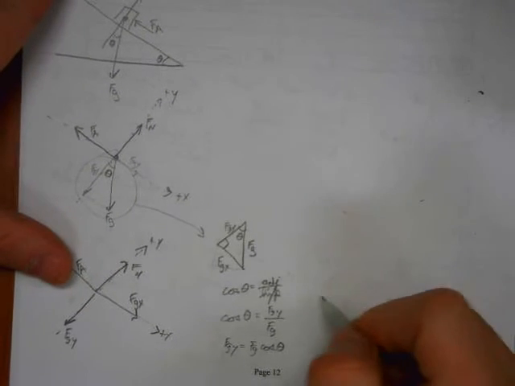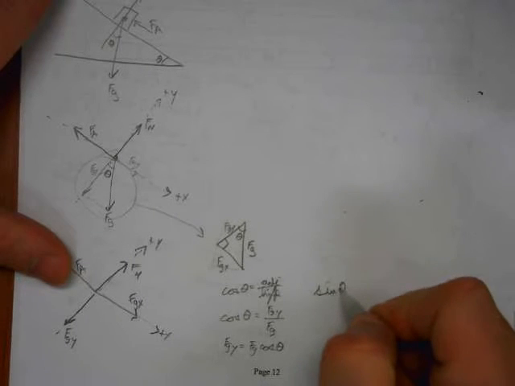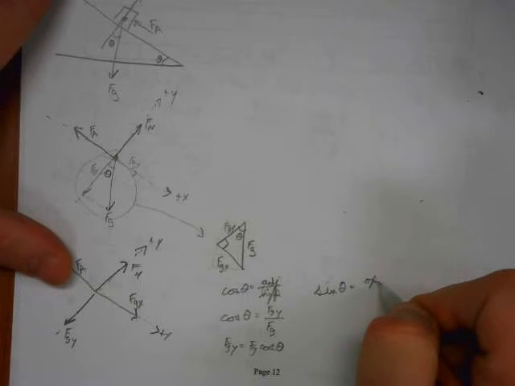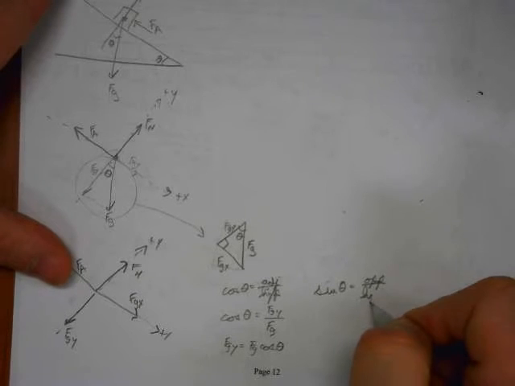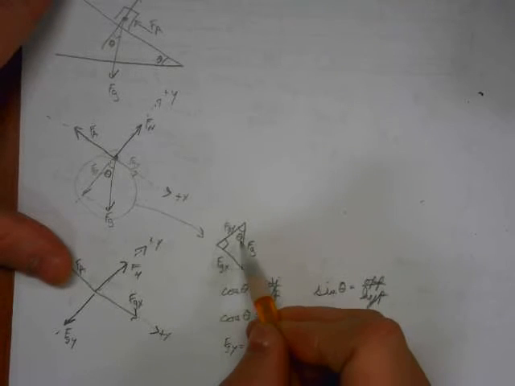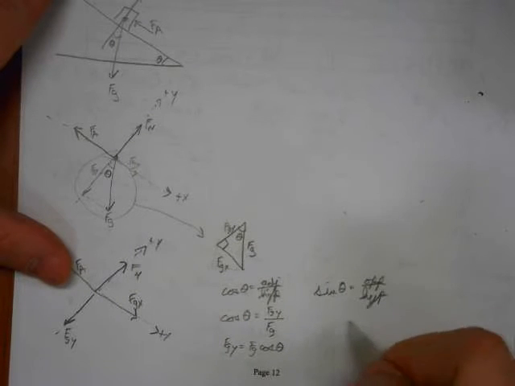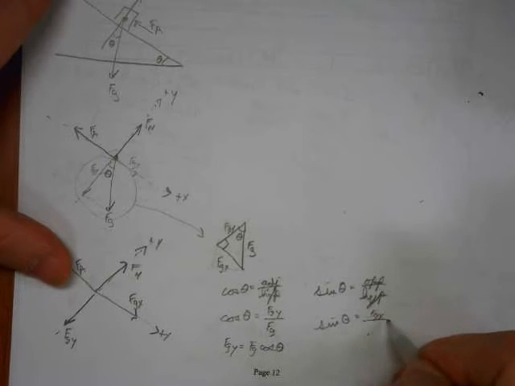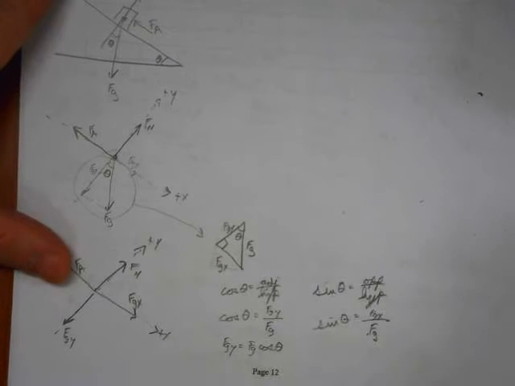Similarly, we go with sine of theta equals, this time, opposite over hypotenuse. So the opposite leg of the triangle, opposite from the angle theta, is FGX, and the hypotenuse, as usual, is just FG, the original vector we started with.